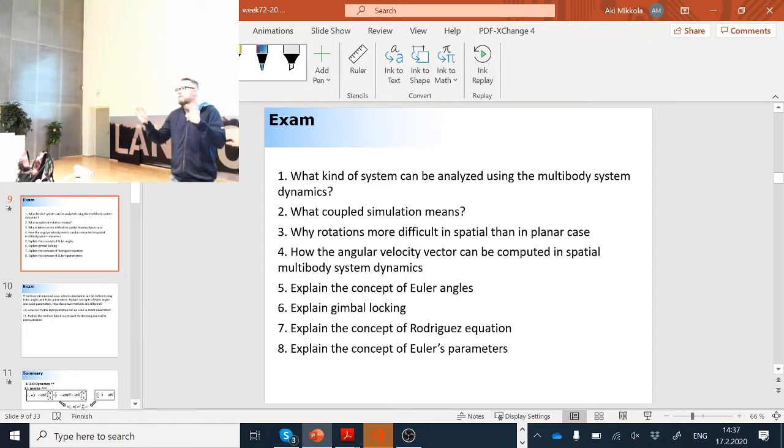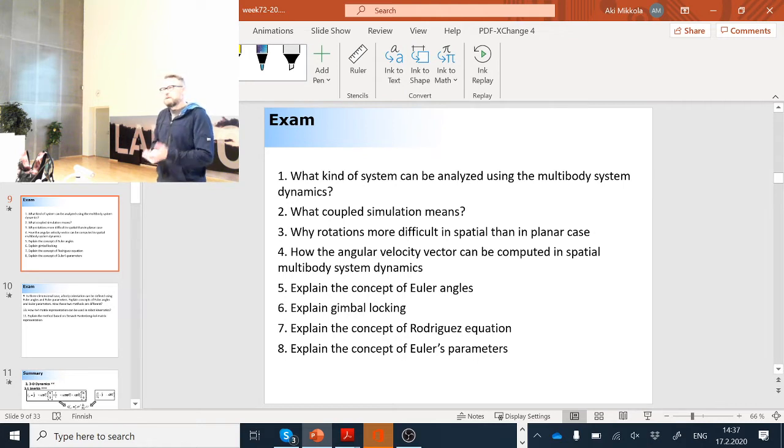We have not discussed the ways to make it happen, but shortly you can do this by putting all the unknowns, this time generalized coordinates and pressures, into one vector of unknowns and solving everything simultaneously. That's what is called the monolithic approach.